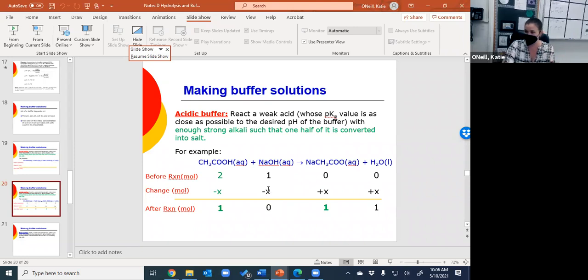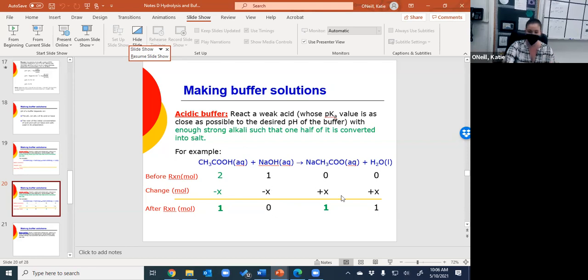If x is 1, then we're not starting with any of the product, so it's going to increase up to 1, which tells me if I want this to be 1, I need to start with twice the acid. Okay?